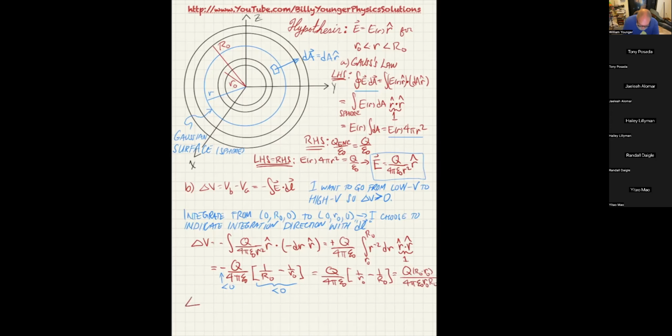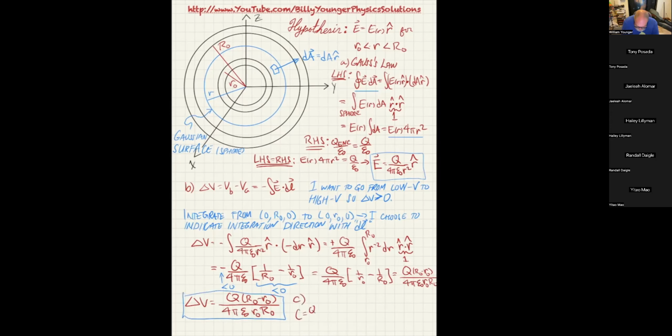So finally, we have delta V is equal to Q times (big R0 minus little r0) over 4 pi epsilon naught little r0 big R0. So that is part B. And we've got one more step left, and we've got 3 more minutes. So step 3, which is part C.